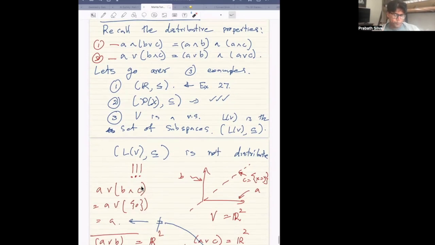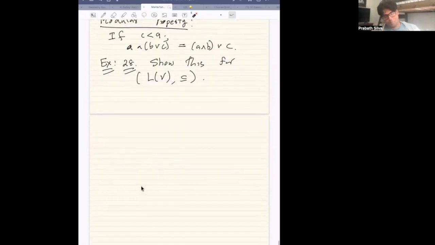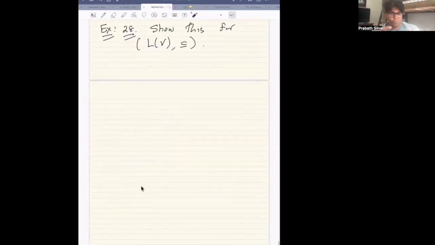Now, here is the reason that I haven't been defining the lattice. The next thing to define is directed sets. Oh, let me before this, let's just do this thing. Complements.